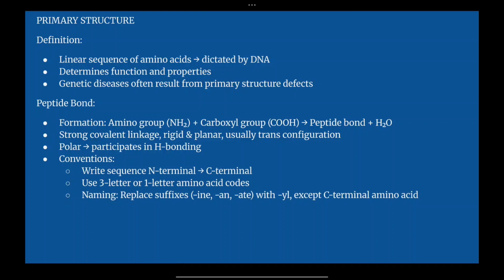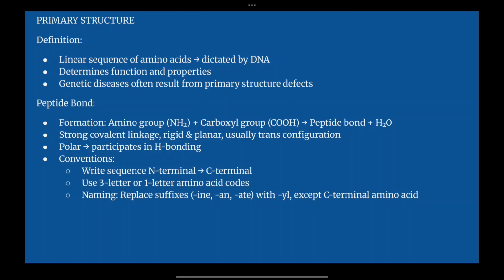Now the peptide bond is involved in the formation of the long peptide chains, or the primary structure of the protein. So how is it formed? The formation involves the amino group, the carboxylic group, and a water molecule.